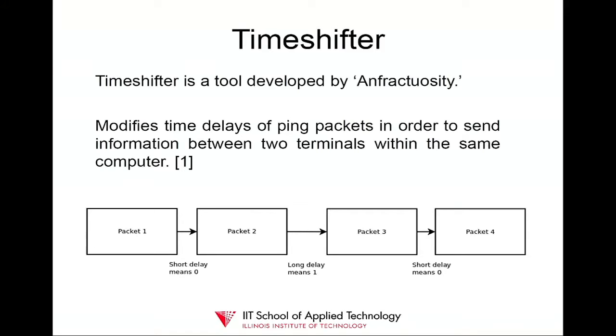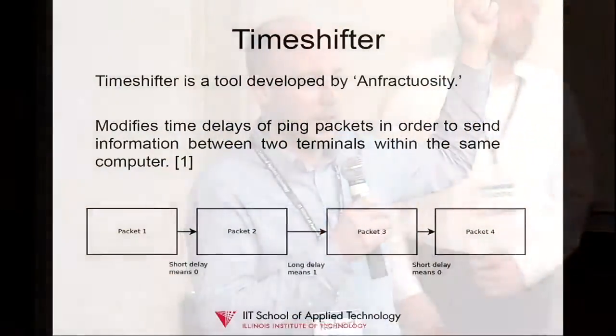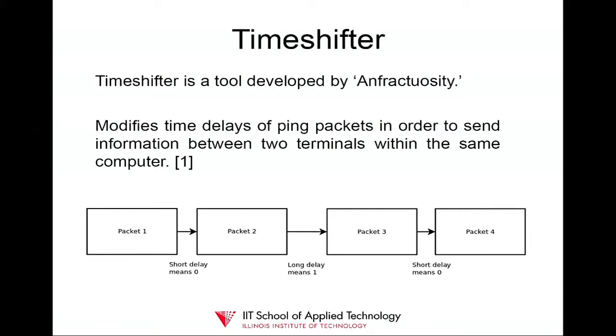He defines it as: Timeshifter modifies time delays of ping packets in order to send information between two terminals within the same computer. So we were using a virtual environment and had several terminals open to utilize this tool. This is an image that Infractuosity provided for how Timeshifter works.